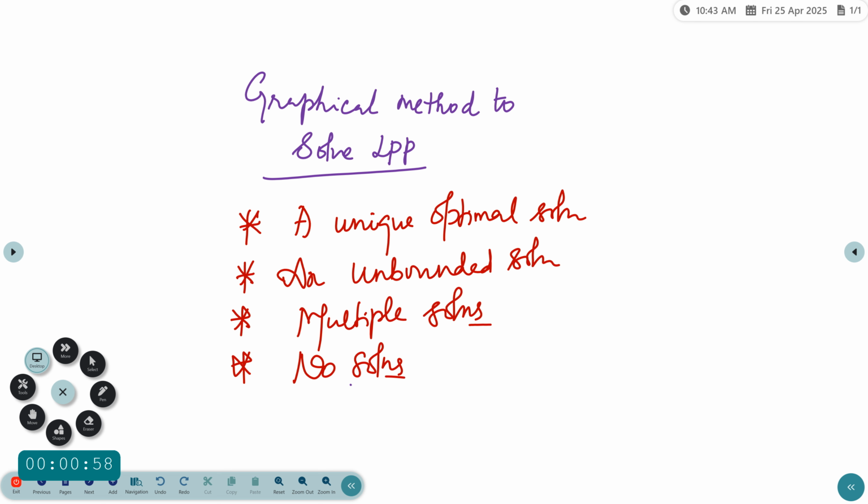Now let us see the example one by one. First example, solve the LPP using graphical method.